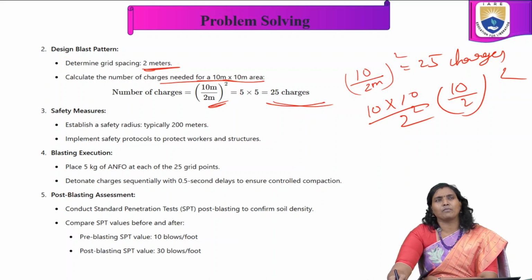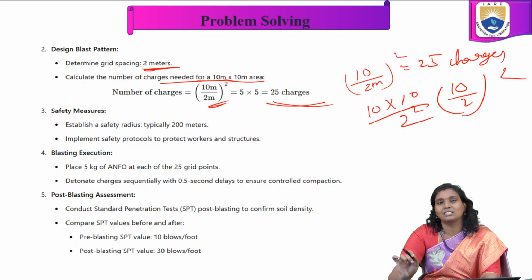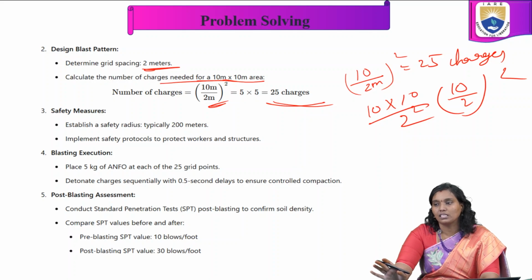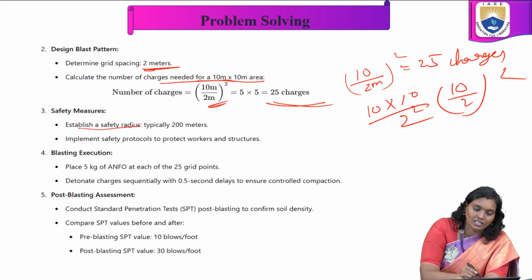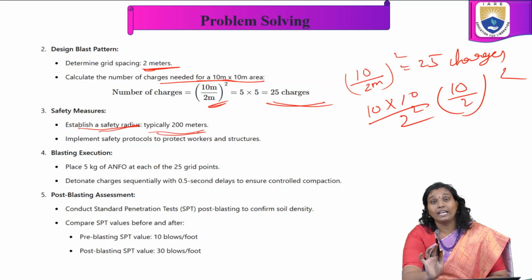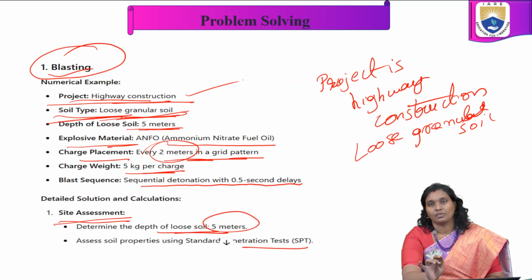Here the safety measures are very important. Safety measures are very important in any kind of soil modification technique, and in blasting, as in all techniques, they are very important. We establish a safety radius, typically 200 meters. It depends upon which type of explosive we choose.